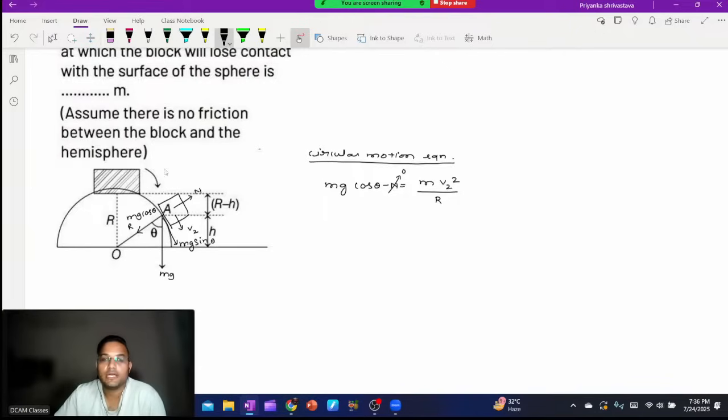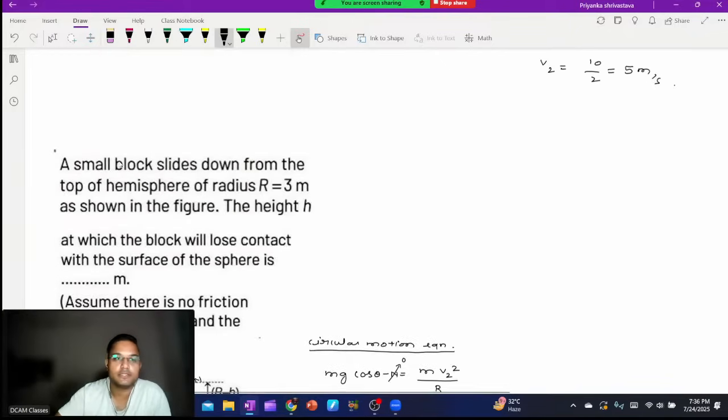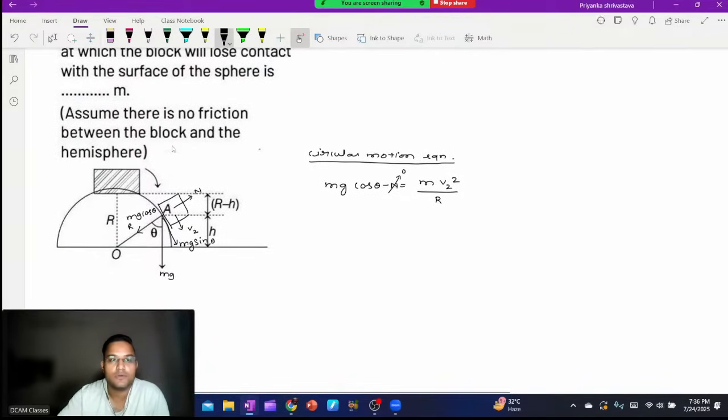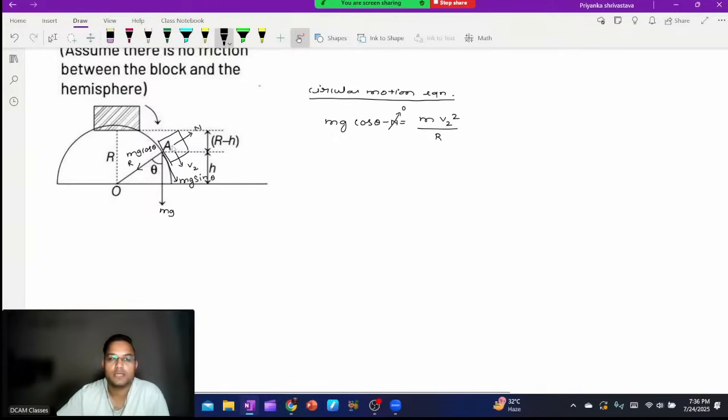Now the other equation I'll make is, did the question say something? Slides down from the top is the height at which the body will lose contact. Slides down means at the top it did not have any velocity. So from here to here, I'll make the conservation of energy equation.